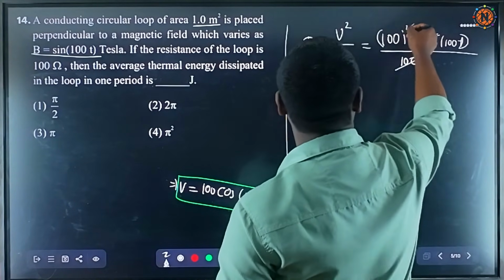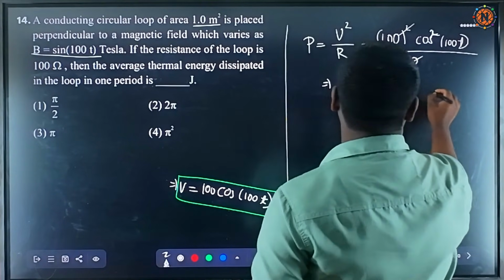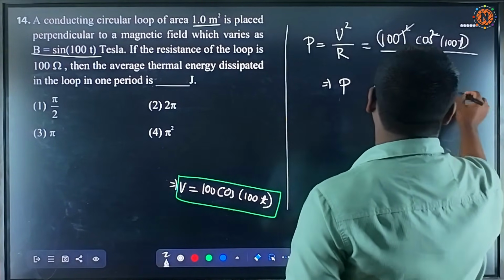So this 100 and this one will cancel, so power will be 100 cos square 100t.